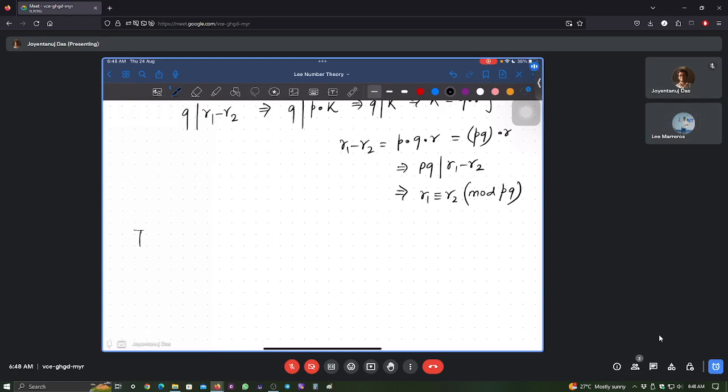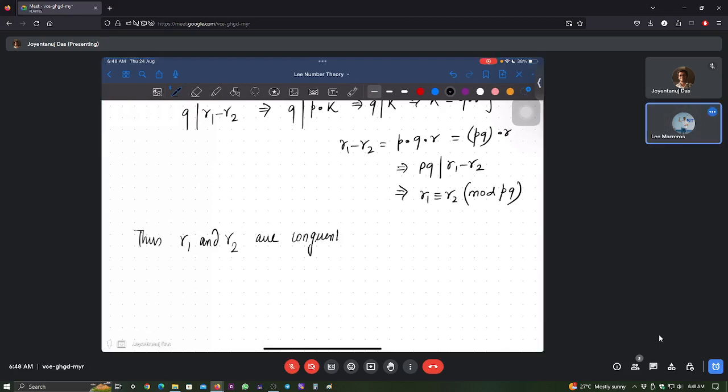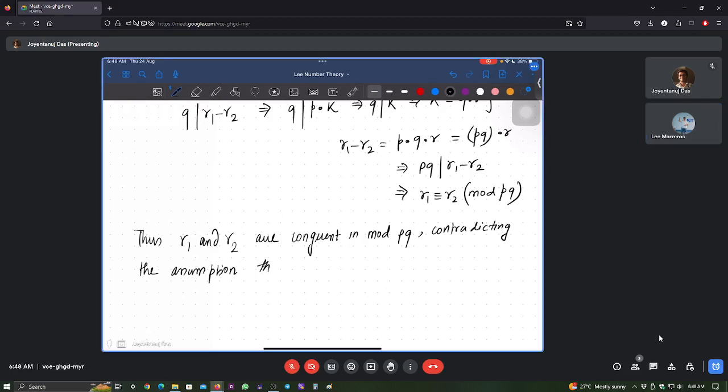Thus R1 and R2 are congruent mod PQ, contradicting the assumption that they are distinct.